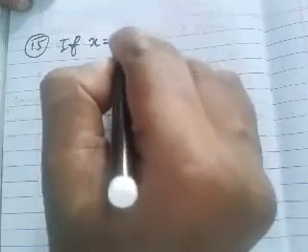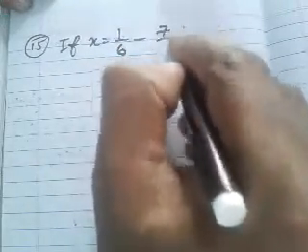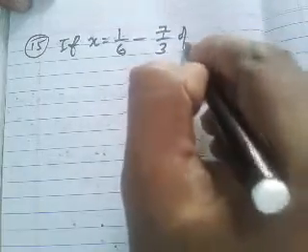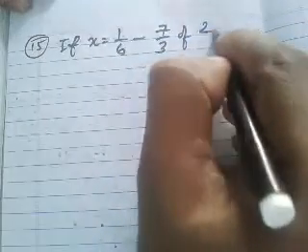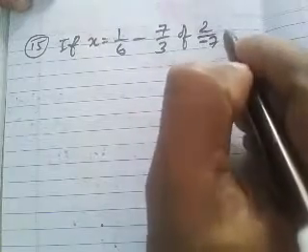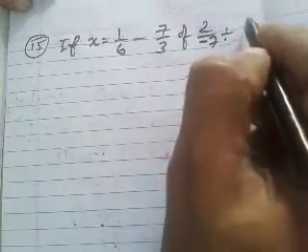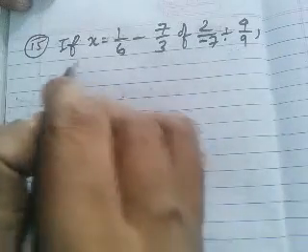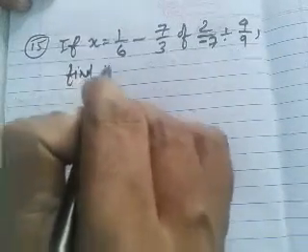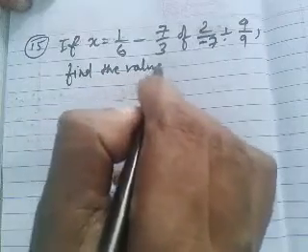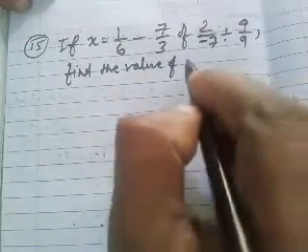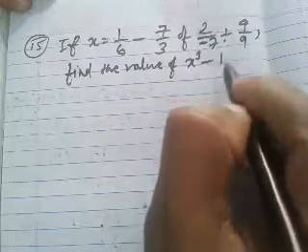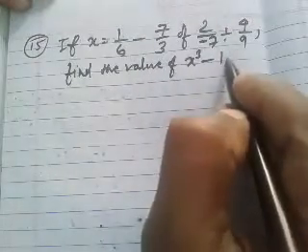If x is equal to 1 upon 6 minus 7 upon 3 of 2 upon minus 7 divided by 4 upon 9, where "of" means multiplication, then find the value of x to the power 3 minus 1.